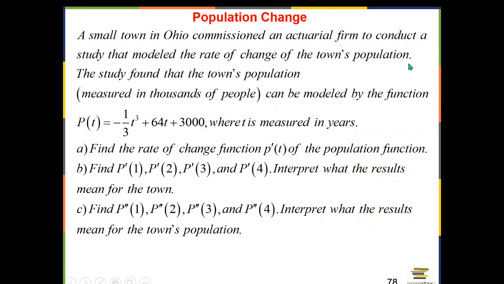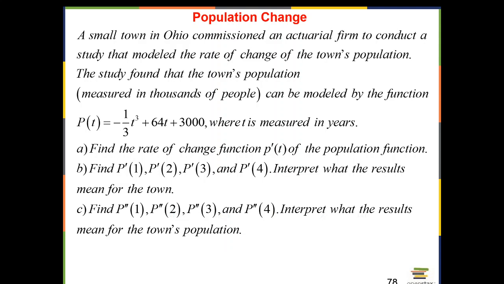So what we want to do now is talk about the application of calculus to population change. Just like we can think of a position function and take the derivative and think of velocity, we can also take a function like population growth and take the derivative of it. That gives us the rate of population growing, obviously. So here is an example.